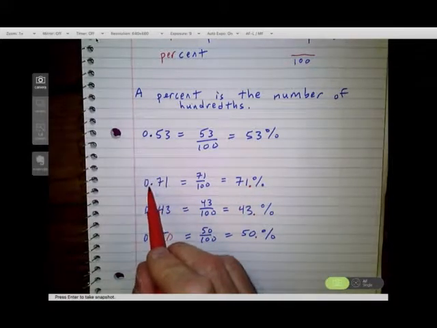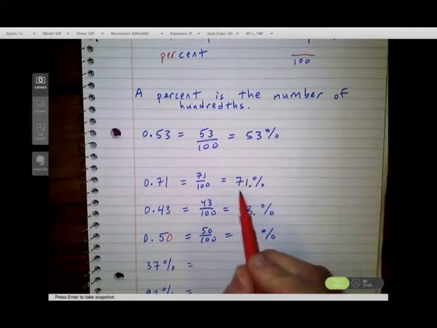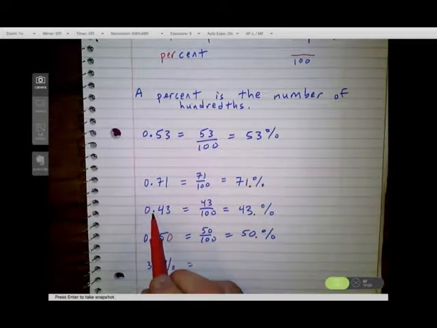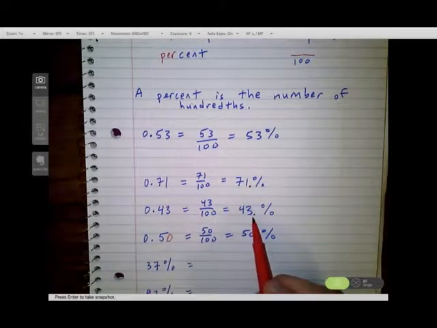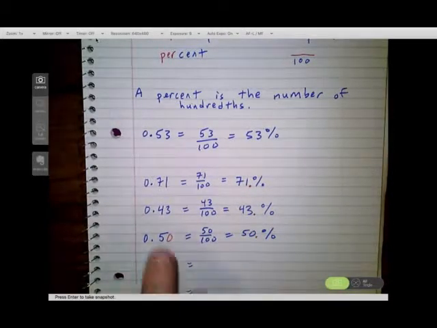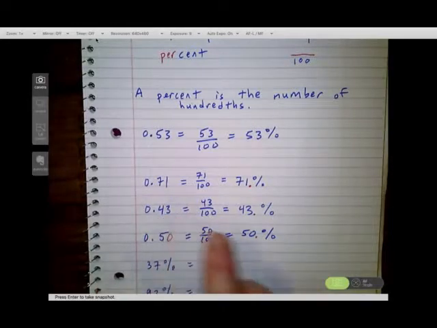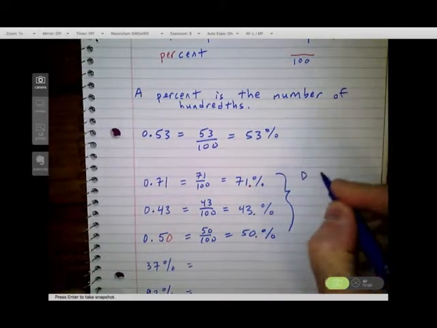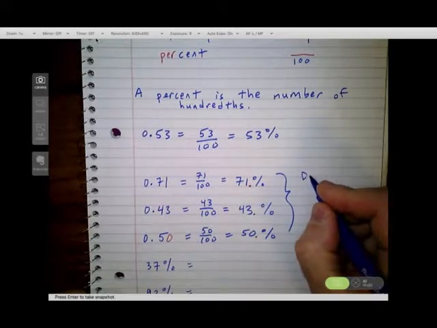Well look, the decimal moved 2 places to the right. And it did that here. The decimal's in front of the 4. Here the decimal's after the 3. It went 2 places over. So to make a decimal into a percent, we move the decimal 2 places to the right.